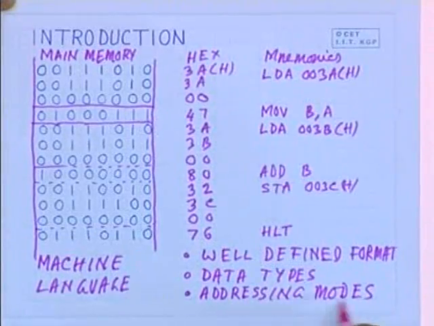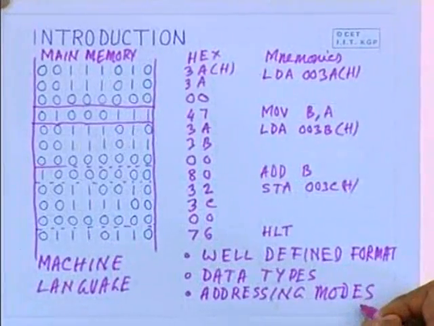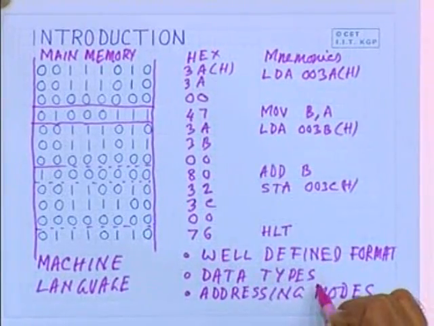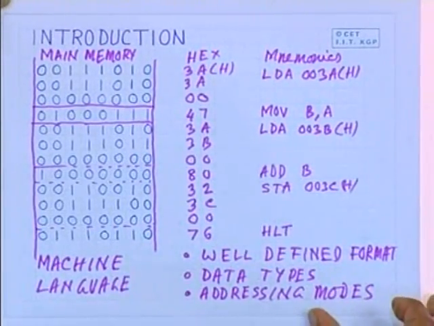One can point to a memory location which stores data or instruction or address, and that is decided by the instruction addressing modes. So we shall study these three aspects of the instruction. These are the three ingredients which make an instruction, and the instruction set is realized by a proper mix of well defined format, different types of data types, and different types of addressing modes.